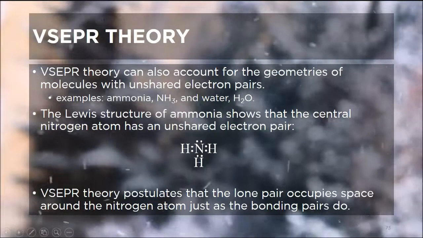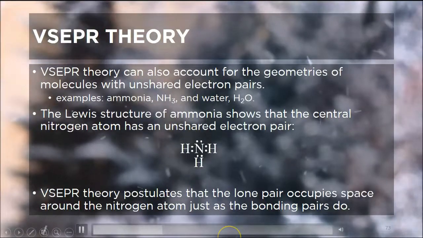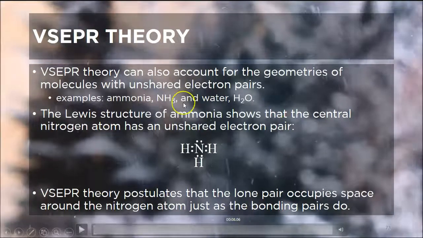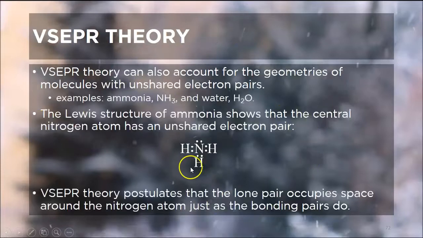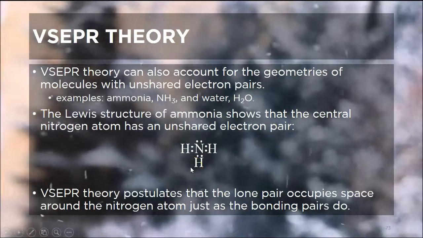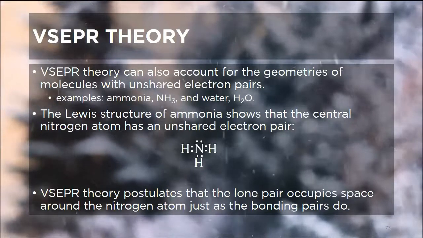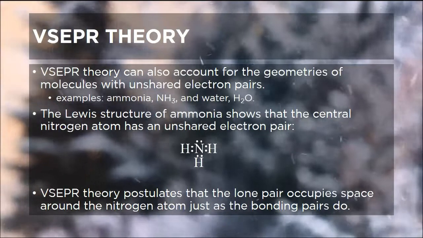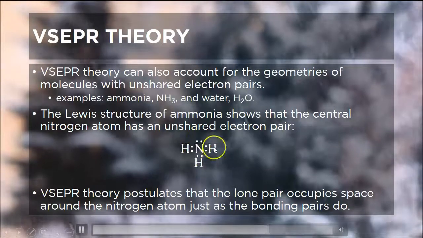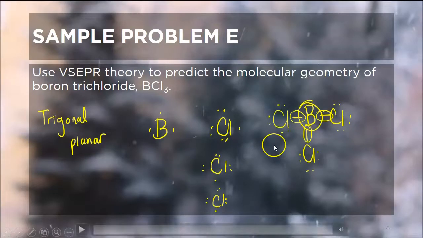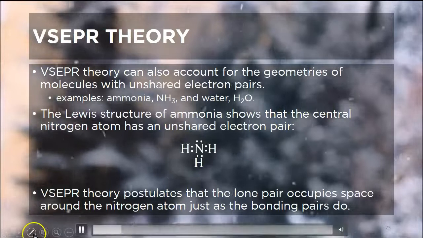So here's another one. If we looked at the last one, boron trichloride, we might expect this to also be a trigonal planar. But there's one difference about this one. You guys see the difference in that molecule? What's different? Well, there are no bonds shown, but we can draw them.